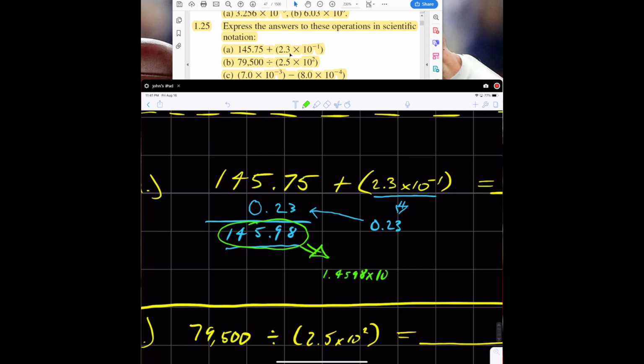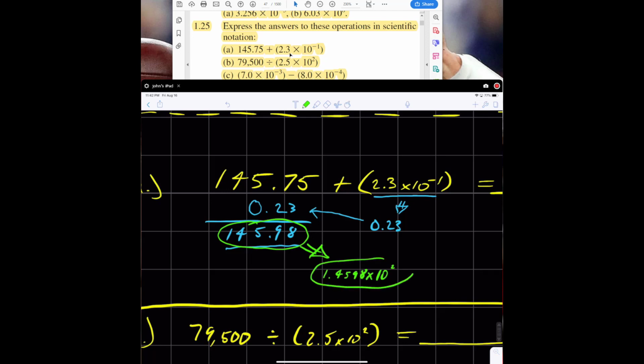2.98. And because we are moving this decimal 2 spaces to the left, our n will be positive. And since it's moving 2, our n is positive 2.